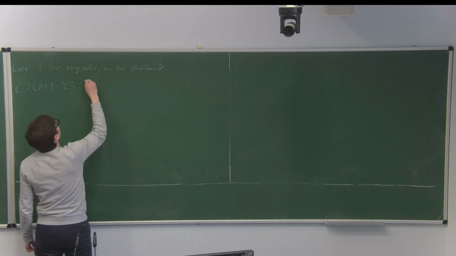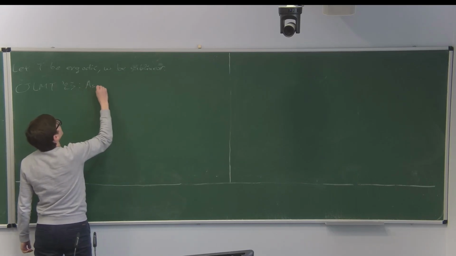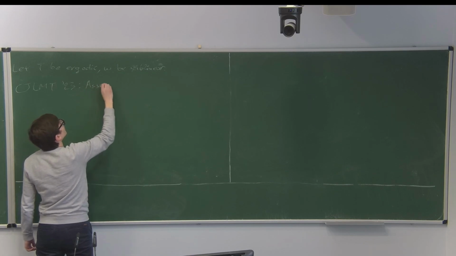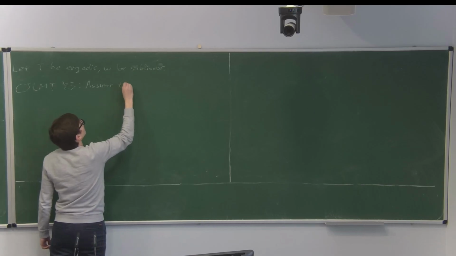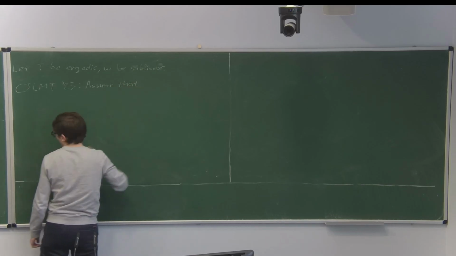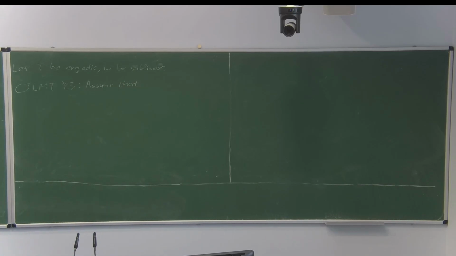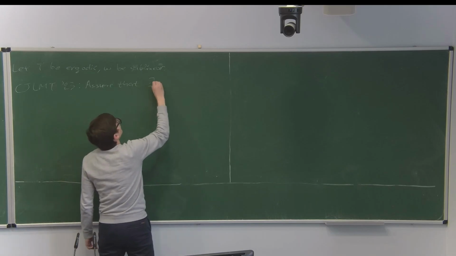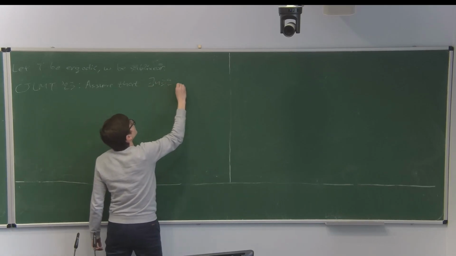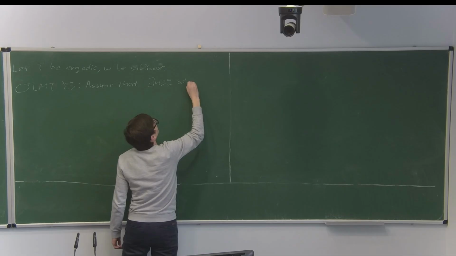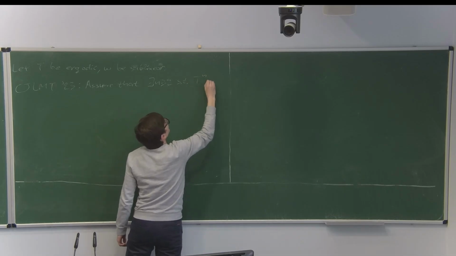So assume that there exists some n larger than 2 such that T^n is also ergodic.